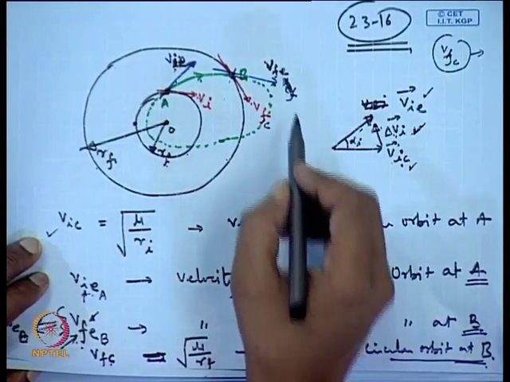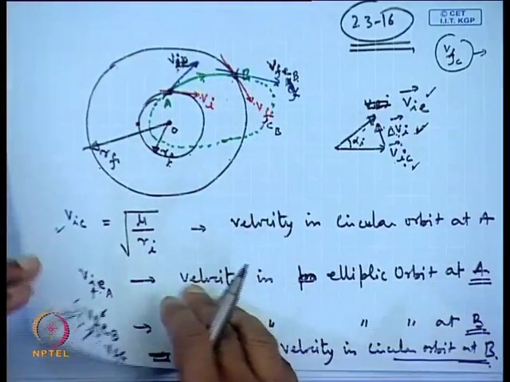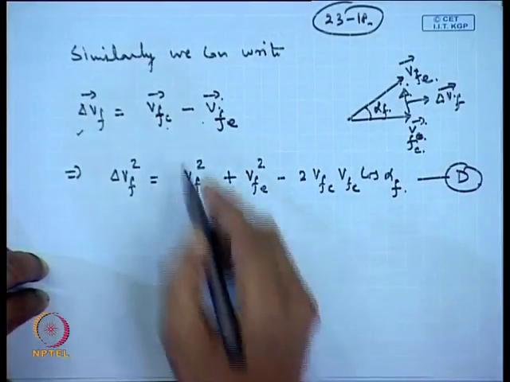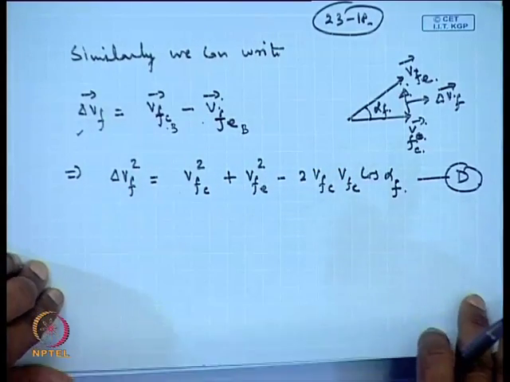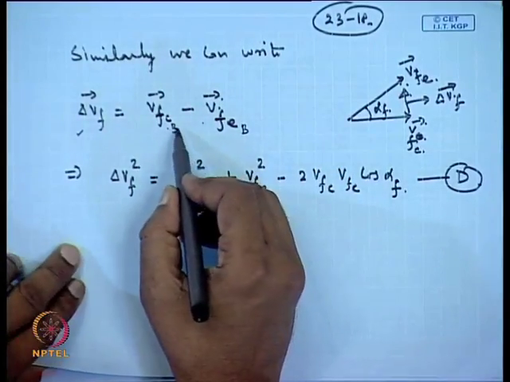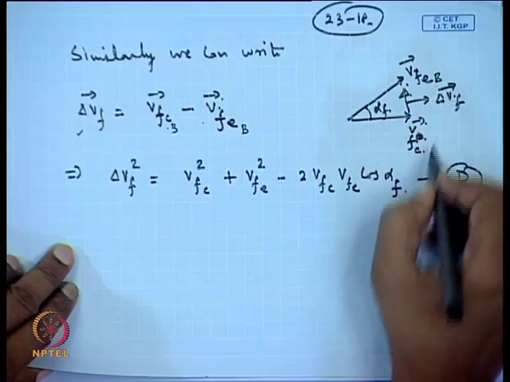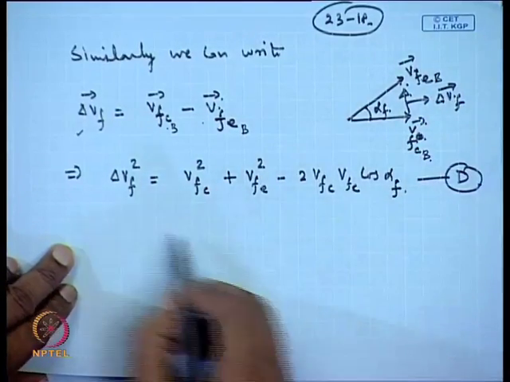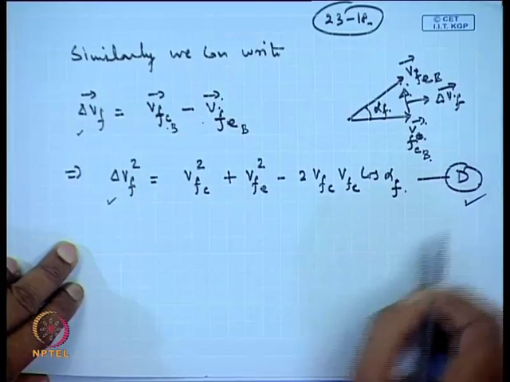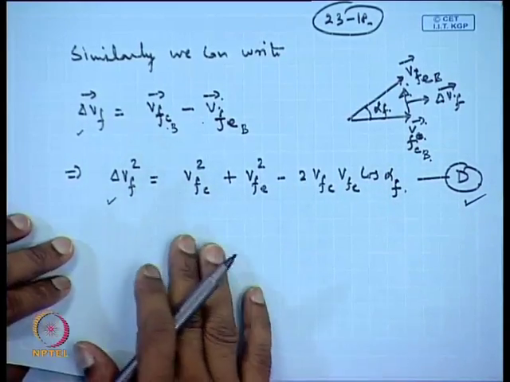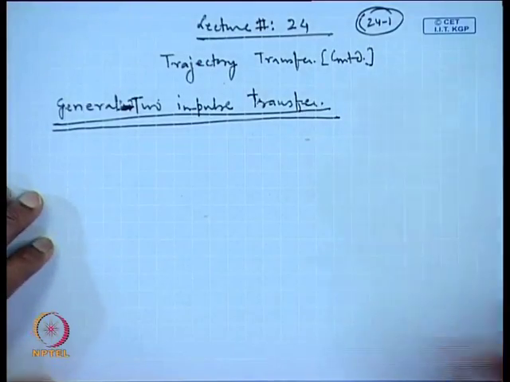So, this is V_FE, and these are at point B. We can insert a subscript B to indicate that this is the velocity in the circular and the elliptic orbit at B. Therefore, delta V_f will be given by this particular equation. So, we worked out till this extent last time. Now we start working further.